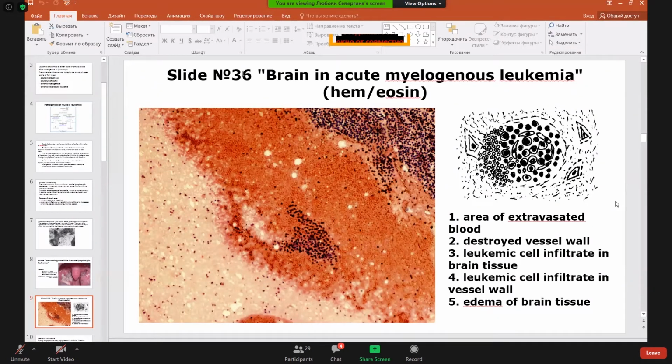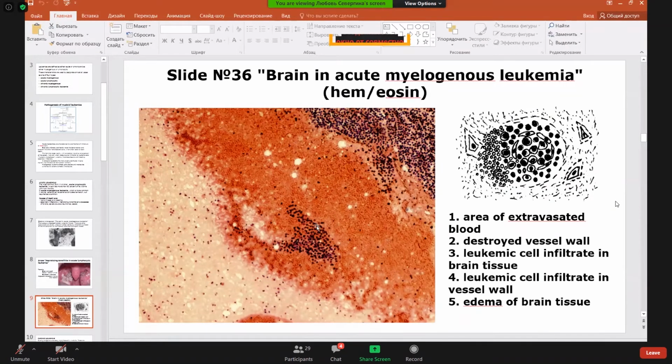Slide 36, brain in acute myelogenous leukemia. On this photo, we can see the classical changes in the brain. First of all, lakes of blood destroying the brain tissue. Hope you remember, erythrocytes are always orange-red in hematoxylin and eosin staining, except that we can see multiple leukemic cells in between the erythrocytes.